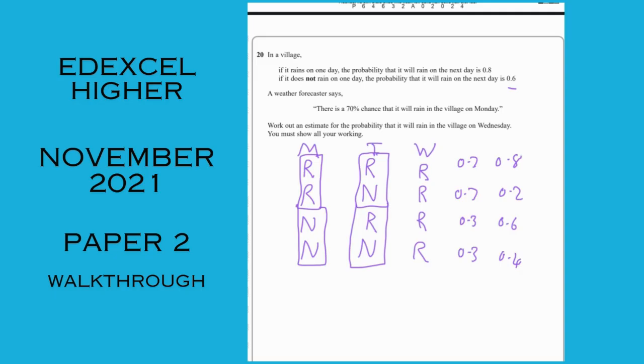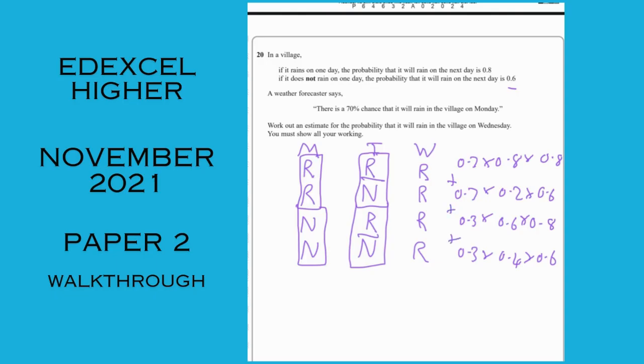Now, when it's rained on the previous day, it's 0.8. If it's not, it's 0.6. So obviously, you've got a lot of sticking into your calculator and adding.